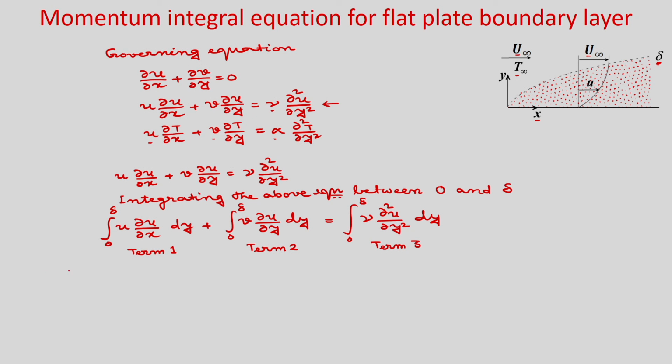So, term 1 let us write as 0 to delta u del u by del x dy. We will take this u inside the derivative. So, if you put it inside the derivative, then you can write 0 to delta half del u square by del x into dy. If you take the derivative, obviously you will get 2u and you will get back this term.